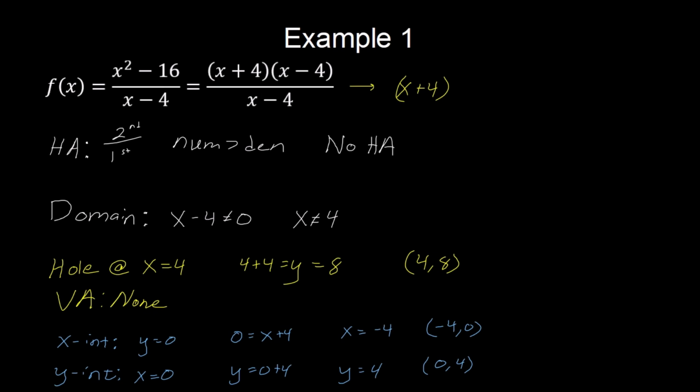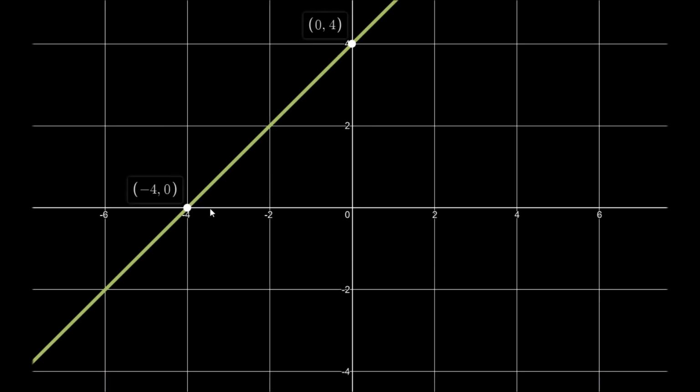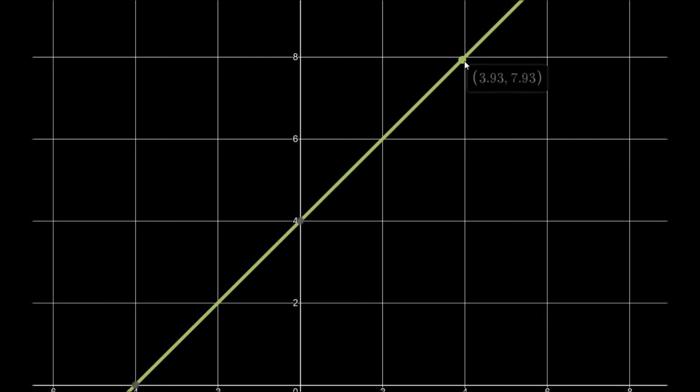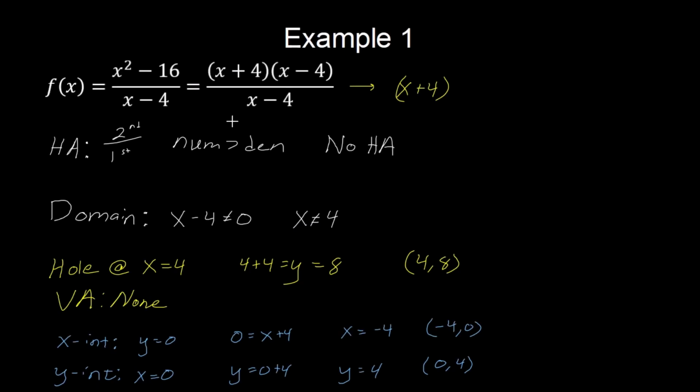So if you wanted to, you could graph the line y equals x plus 4, and it would lay exactly on top of this graph, and the only difference would be the other graph is not defined here. So having something that cancels in the numerator and the denominator will create a hole which could completely change the idea of the graph and the answers you receive from it.